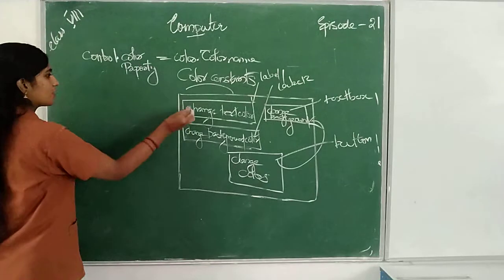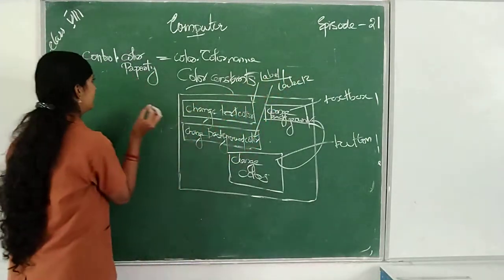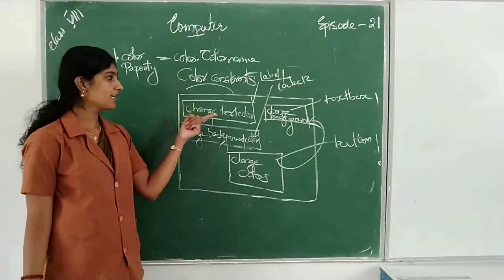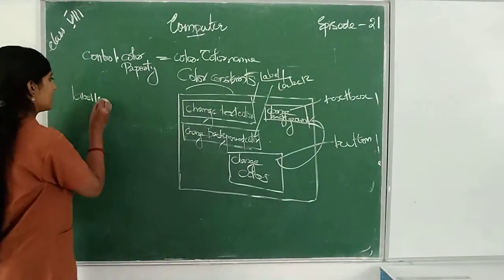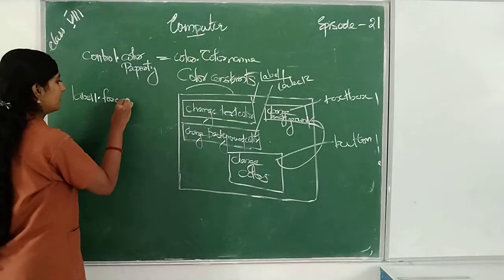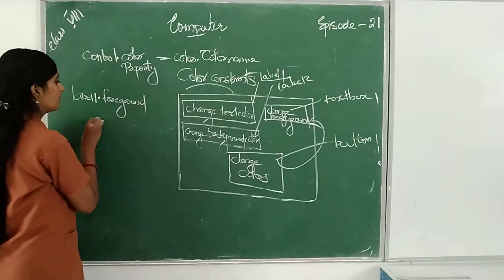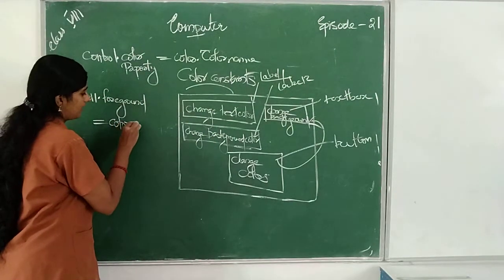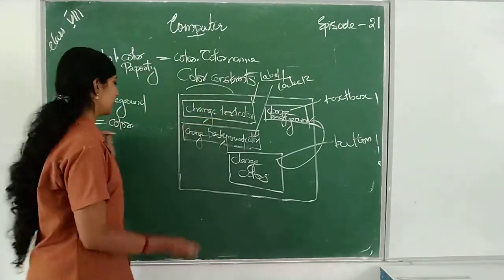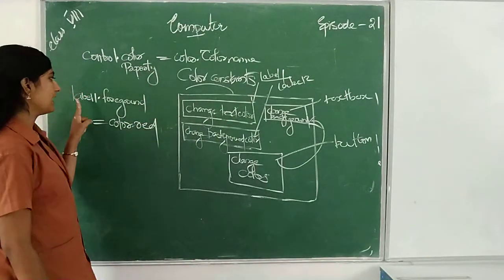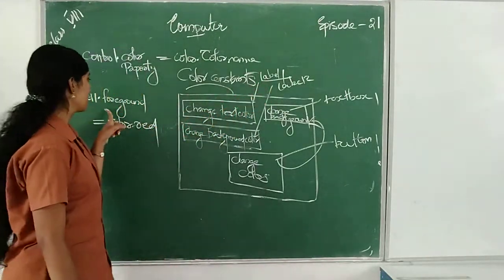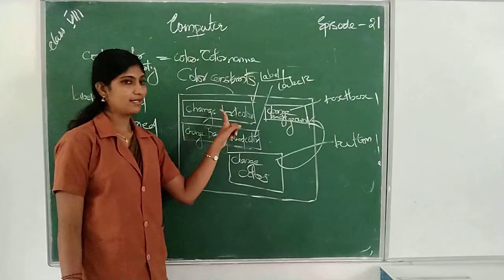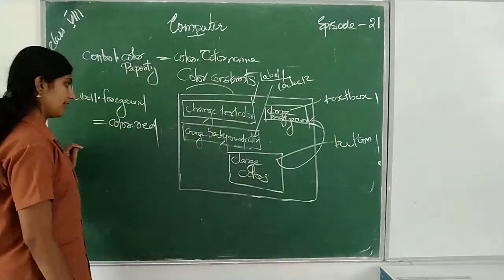Here the control name is label 1. First label 1 dot, what's the color property? We need to change the font color, so foreground, then equal to color dot color name. The color name we need is red. Once again, the control name is label 1, the foreground property, the code color dot, and the color is red.